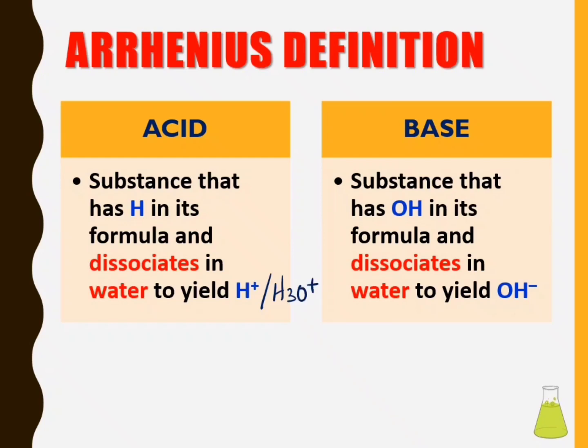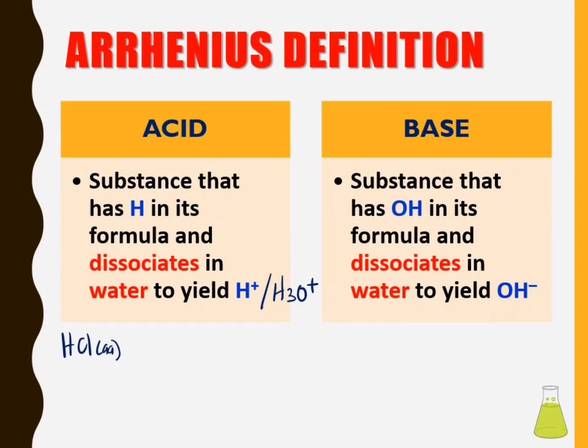So this is based on Arrhenius. Alright, so I give you example. For example, normal acid yang you sangat familiar adalah HCl.